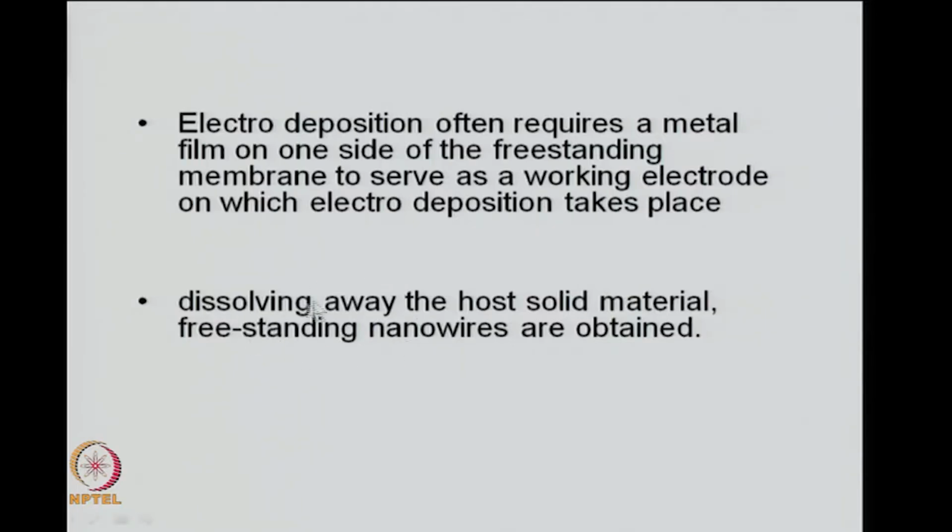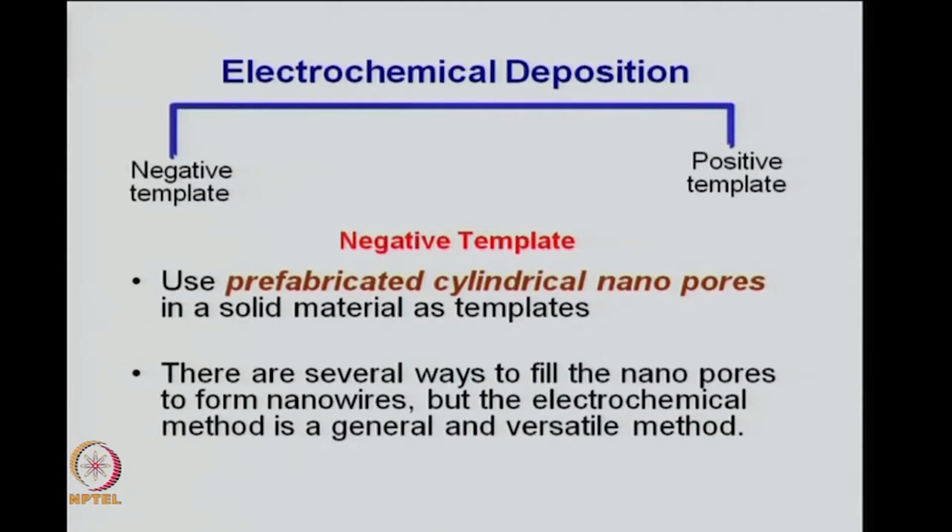So, the template should be easily dissolvable, and normally if you use something like aluminum, you can dissolve it using sodium hydroxide or something like that. So, basically your template in this case is a negative template.